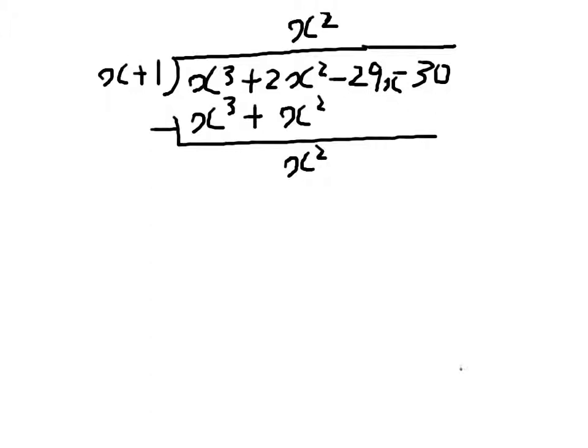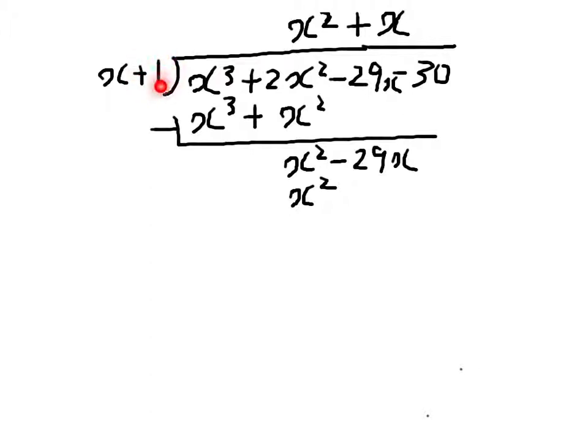I need 2 terms, so I'm going to bring this expression down here. And then I'm going to write minus 29x. Now, my target to make is x squared. I need to multiply this x with something so that I can make x squared. So I know that x times x gives me x squared, so I put plus x. So x times x is x squared. I write my x squared here.